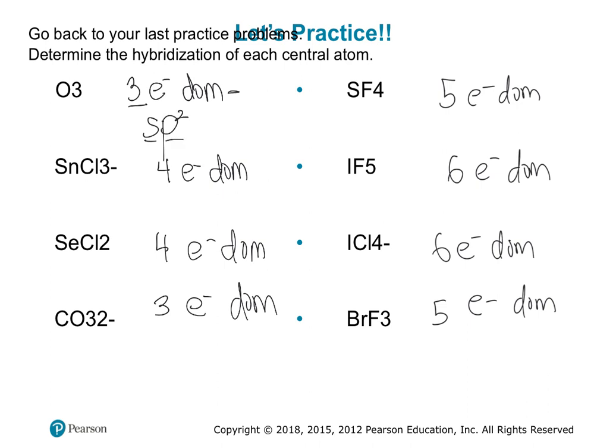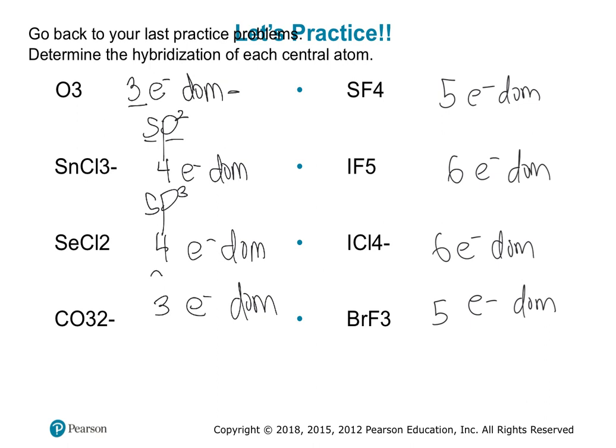So s and 2 p's come in to make those hybridized orbitals of 3 sp2 orbitals. For 4 electron domains, we would again draw the Lewis structure, count those domains. We have 4, so we need 4 total orbitals going in. So we're going to have s and then 3 p's, giving us 4 sp3 orbitals.